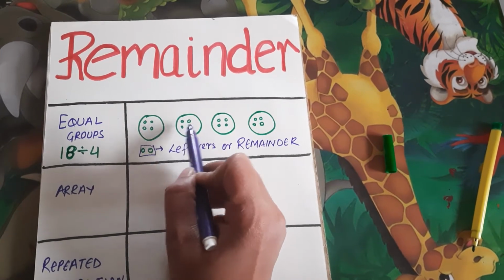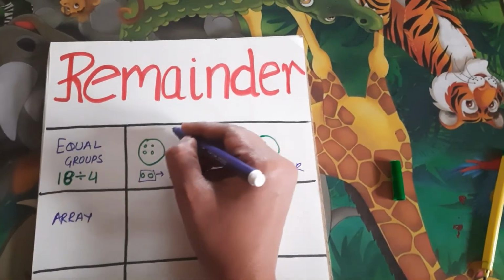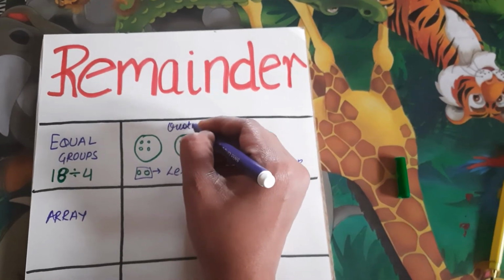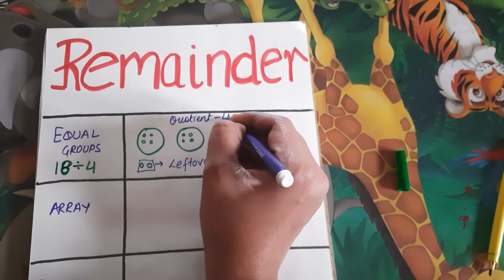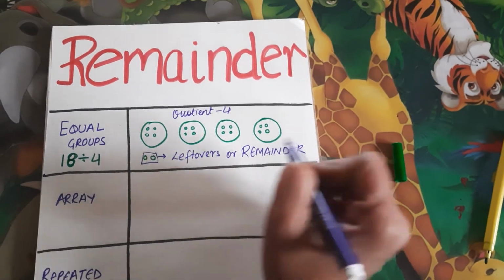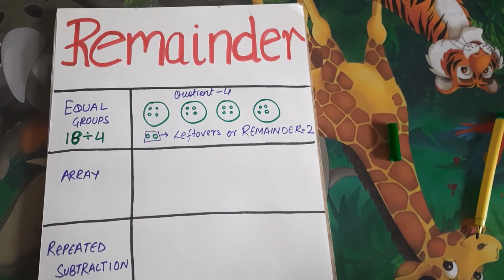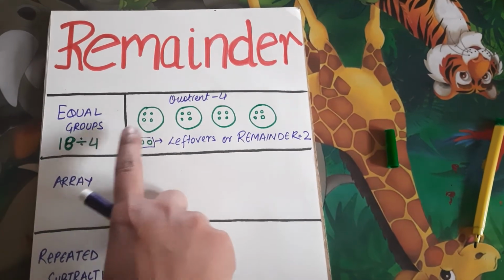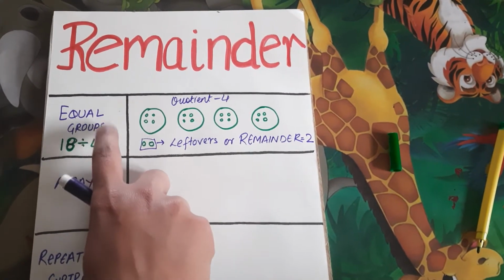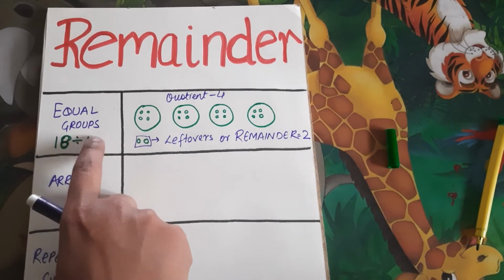Why? Because in each group there are 4. So my quotient is 4 and my remainder is 2. Understood? How we have taken out the remainders while distributing in equal groups?